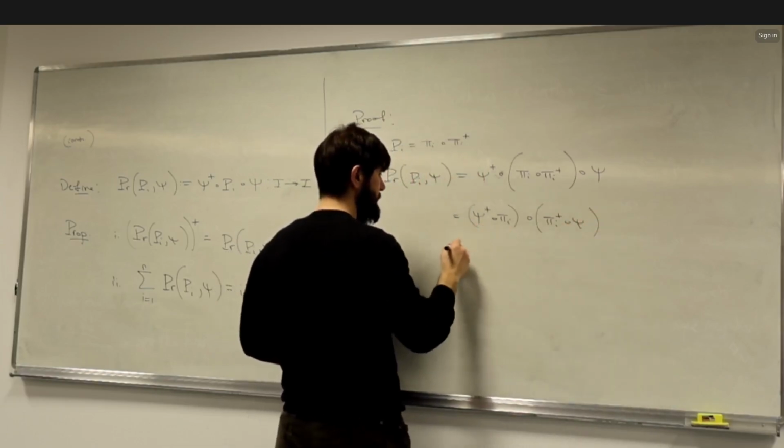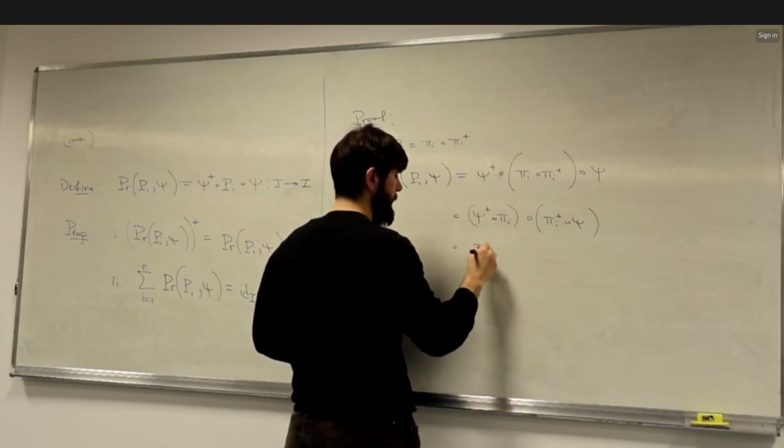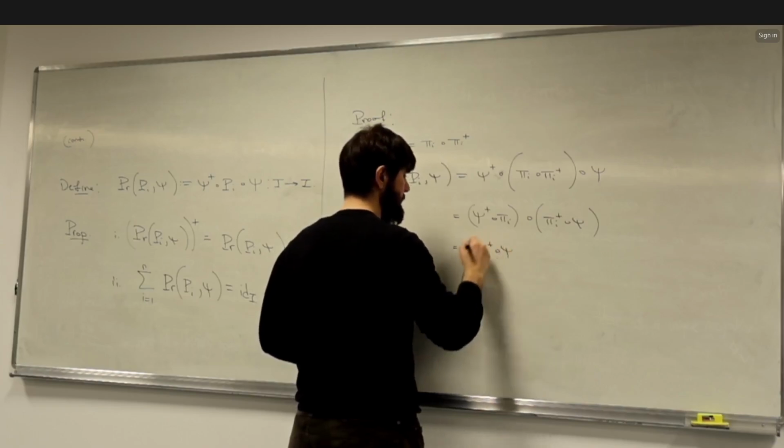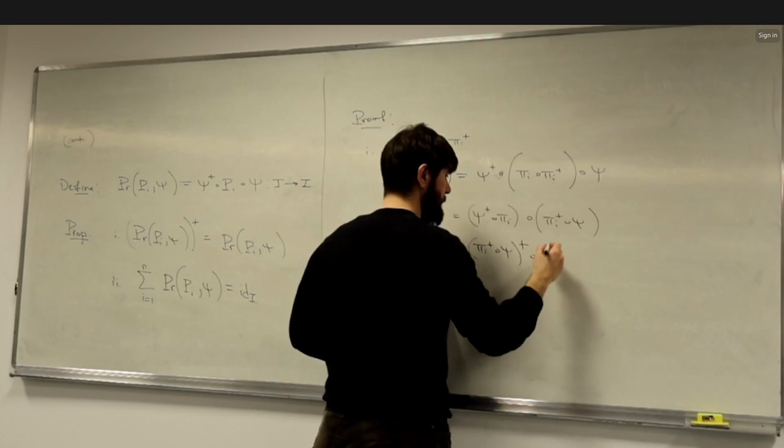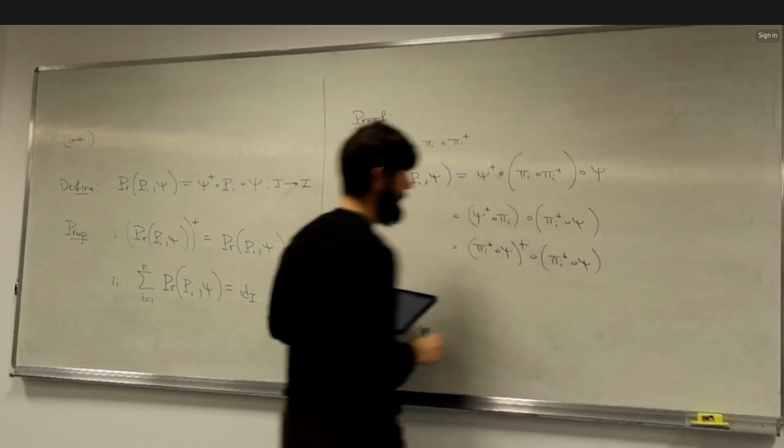In fact, I can just write this as follows. Pi I dagger psi dagger psi.